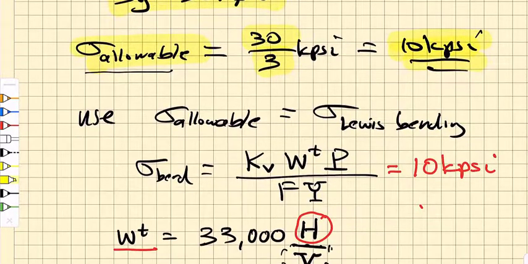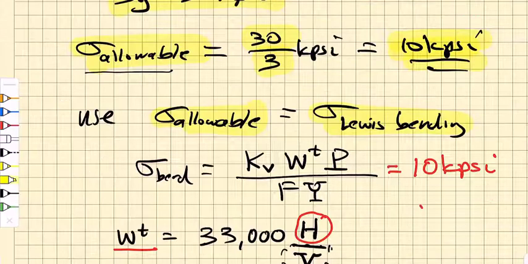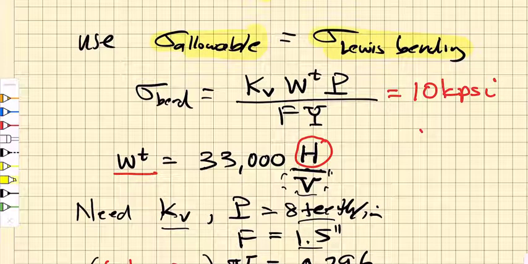So we want to use that allowable stress in the Lewis bending equation and then use that to extract the horsepower. The Lewis bending stress equation has that velocity factor, the tangential force, diametral pitch, face width, and the Lewis form factor. So we are going to have to use a table to look up the Lewis form factor, and we're going to have to use the equations we just showed to find the velocity correction factor.